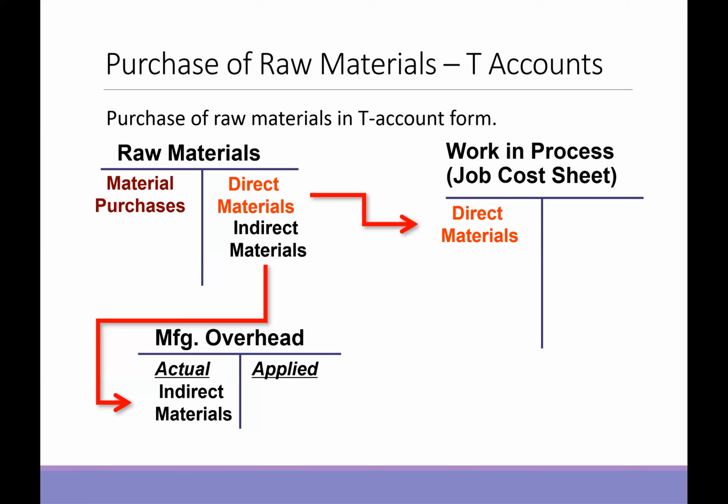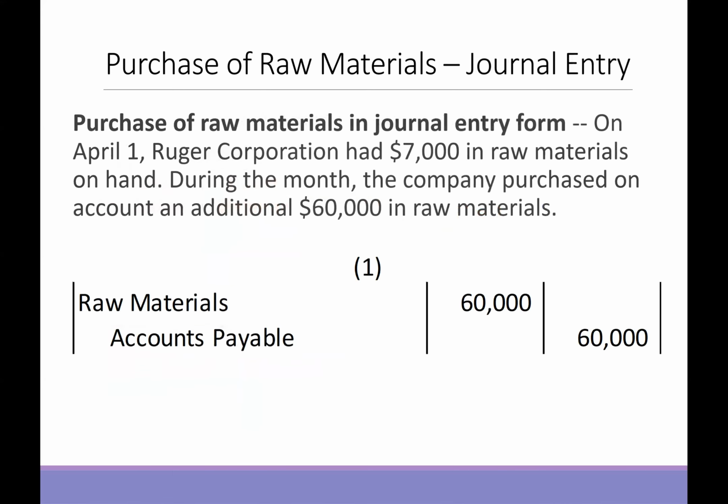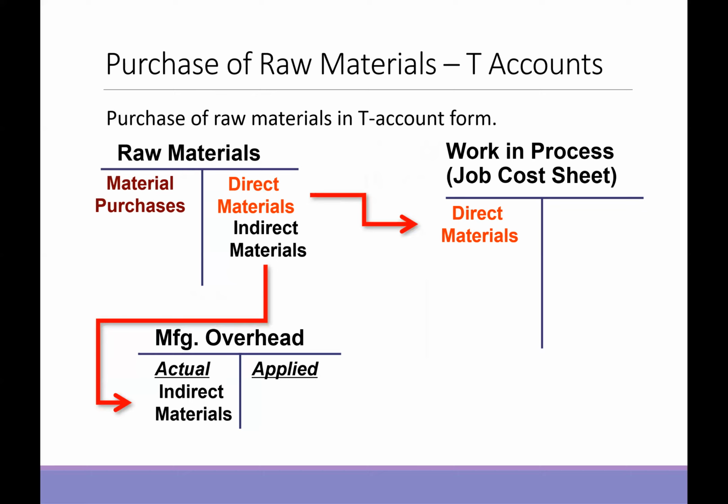So throughout the month, we've got items flowing into work in process, which is specific jobs. We'll also have items flowing into another sub account that we call manufacturing overhead. Again, we lump a lot into manufacturing overhead because they are costs, but they're not directly associated, or that we can't pick specifically for a particular job.